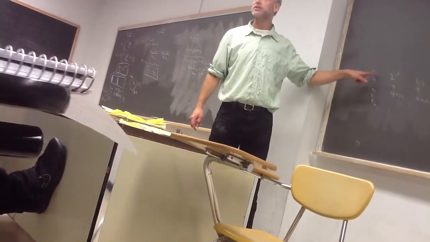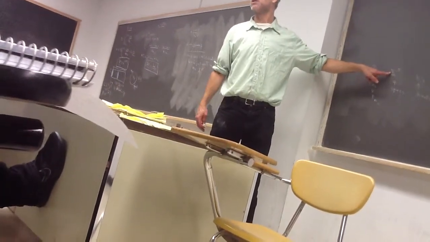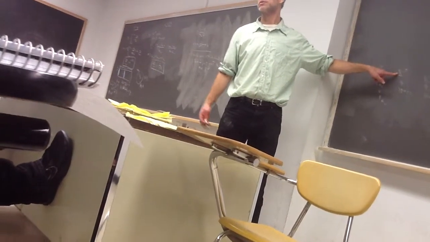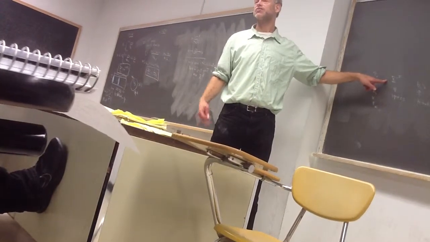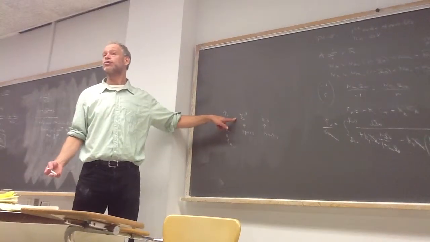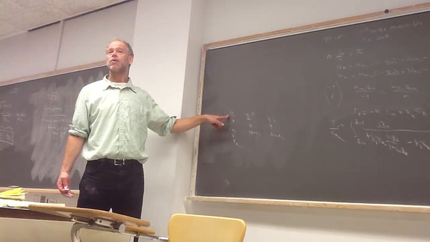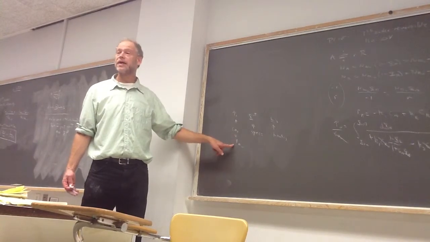If tau is given, then I want to get the highest conversion, the biggest X out. If X out is given, if the specification of the conversion is given, then I want to minimize tau 0. How do I minimize tau 0? That means either the smallest reactor or the biggest FA0.